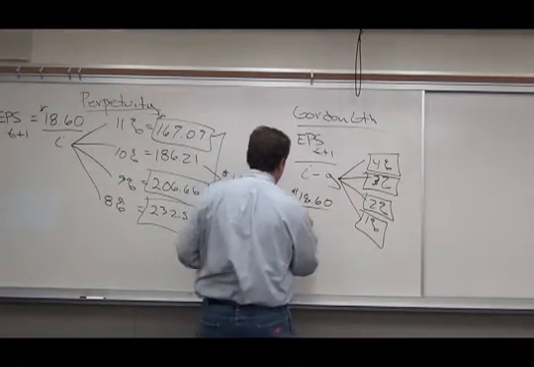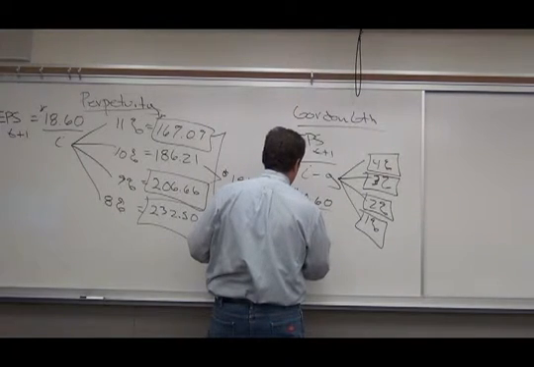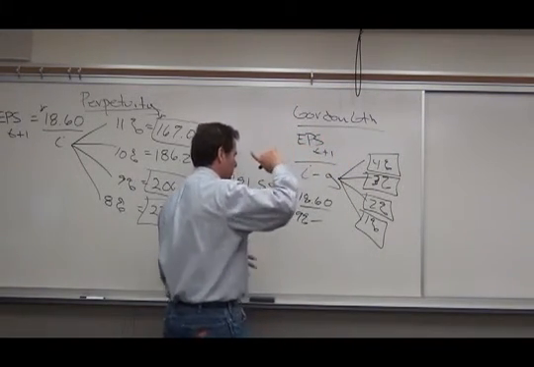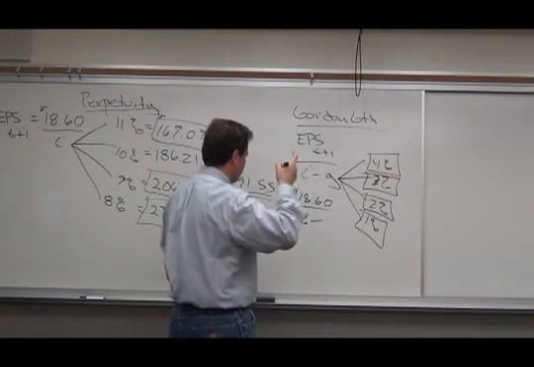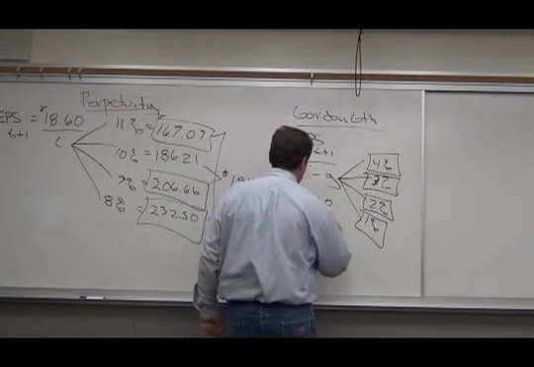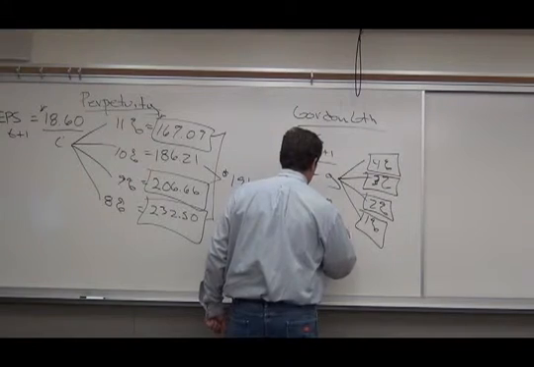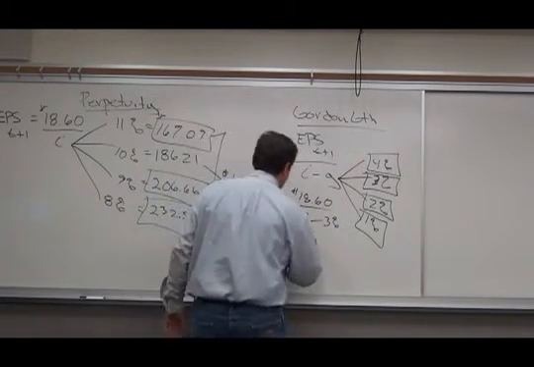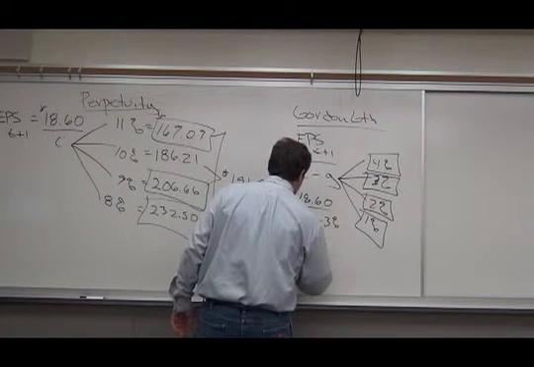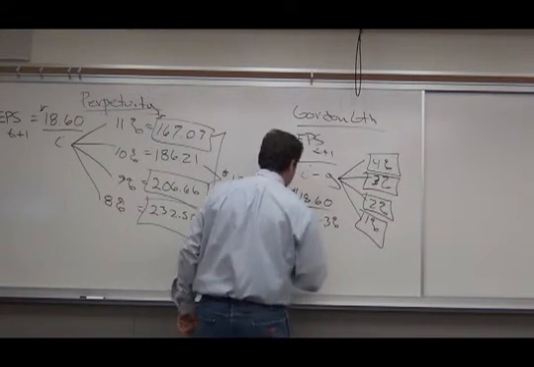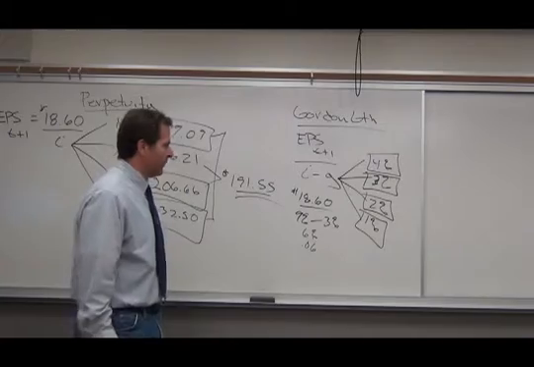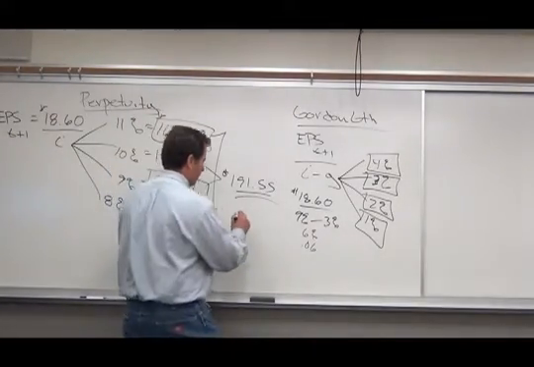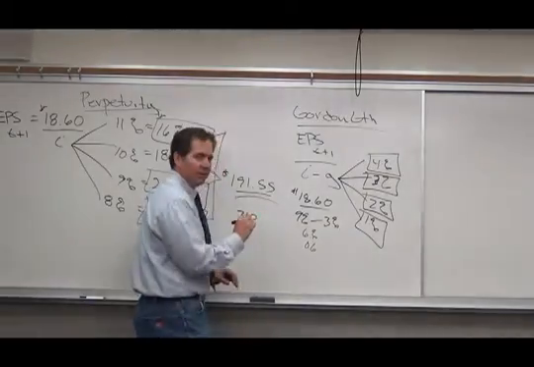So we know this is 9% minus, what do you want to use, 3? 3%, let's use 3%. So that's going to give you a net of 6, which is 0.06. So what's 1860 divided by 0.06? 310.